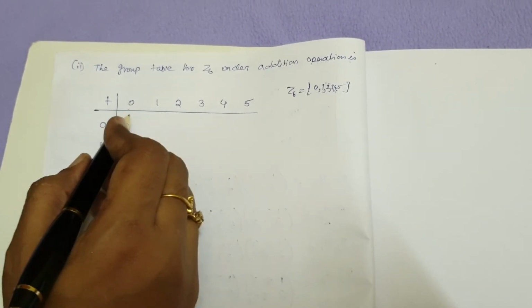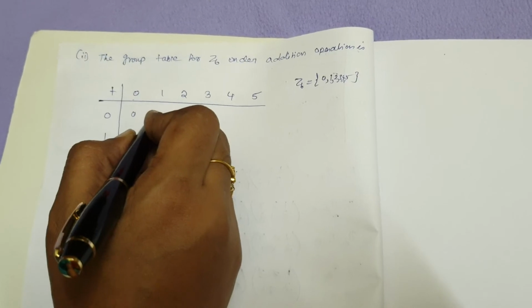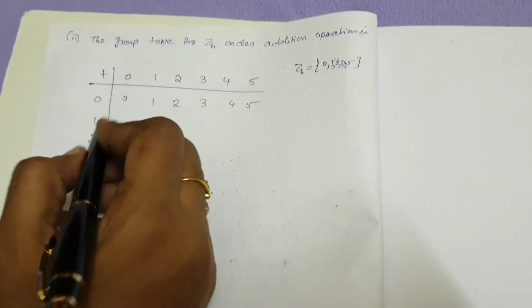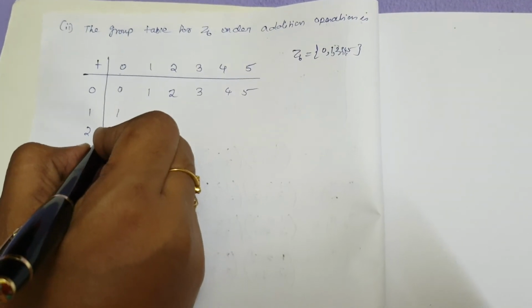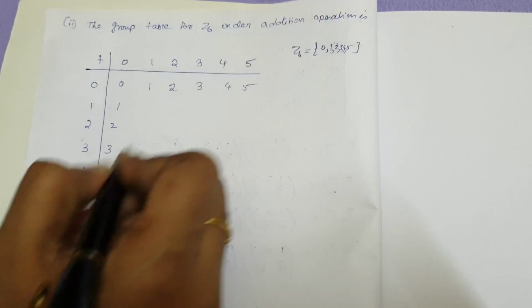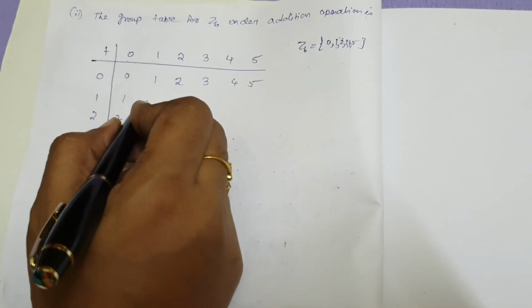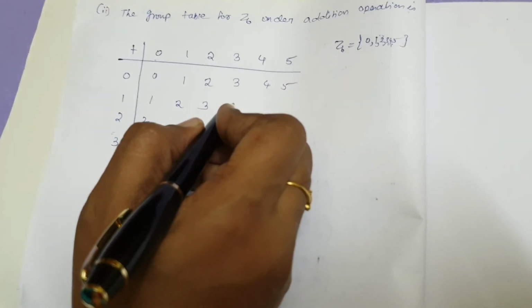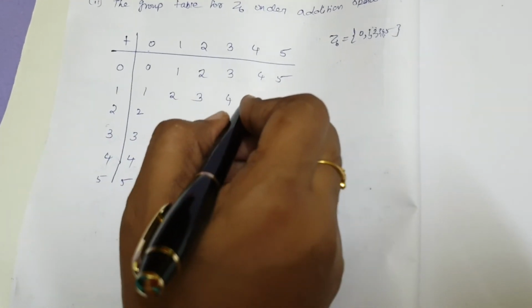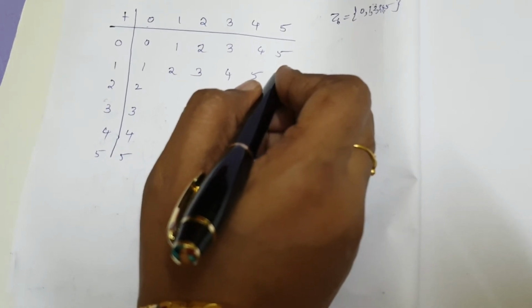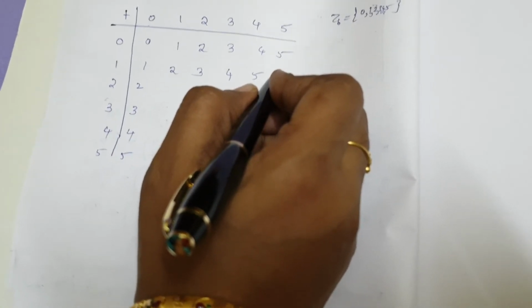When you add 0 plus 0 you get 0, 0 plus 1 is 1, 0 plus 2 is 2, 3, 4, 5. Next 1 plus 1 is 2, 1 plus 2 is 3, 1 plus 3 is 4, 1 plus 4 is 5, 1 plus 5 is 6, which is equal to 0 in Z6.